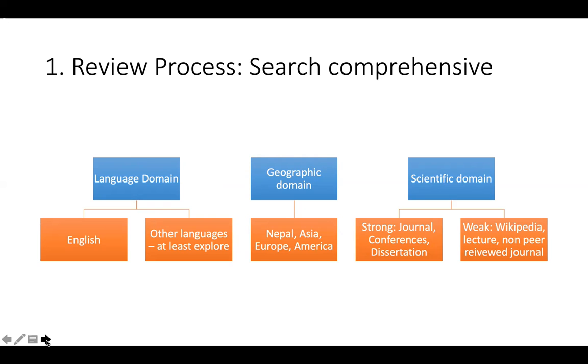And then in terms of scientific domains, you can go for strong as well as weak sources. For sure, journal articles, conference proceedings, and dissertations can be good sources.